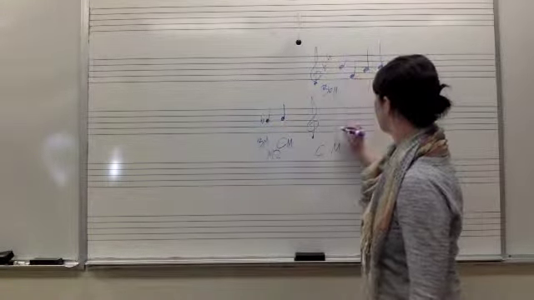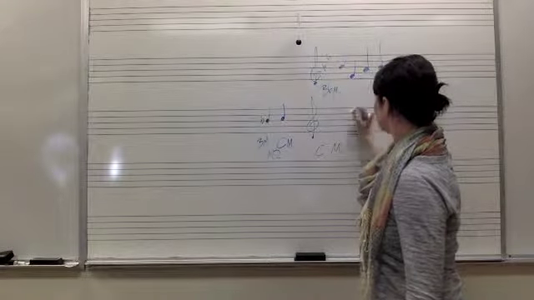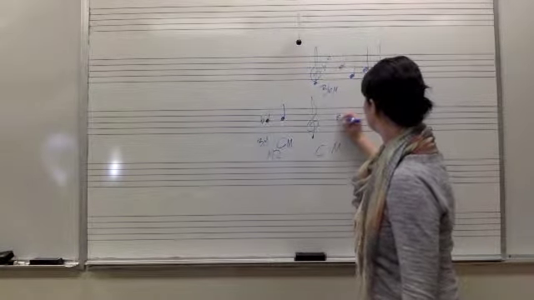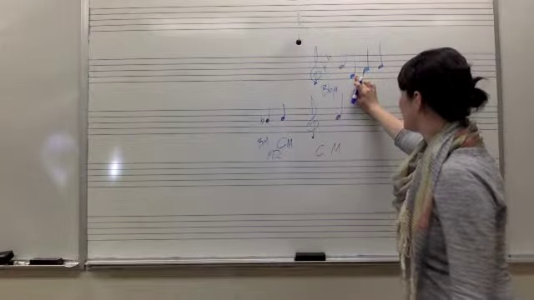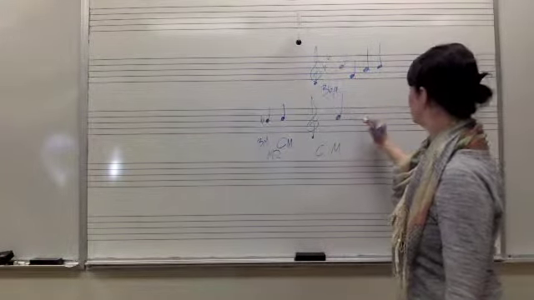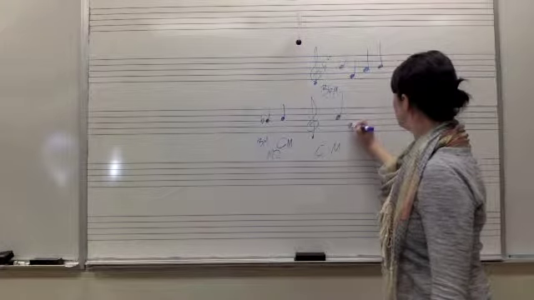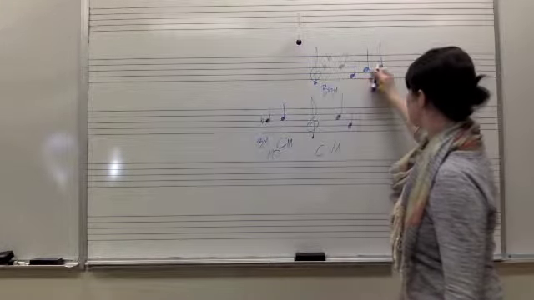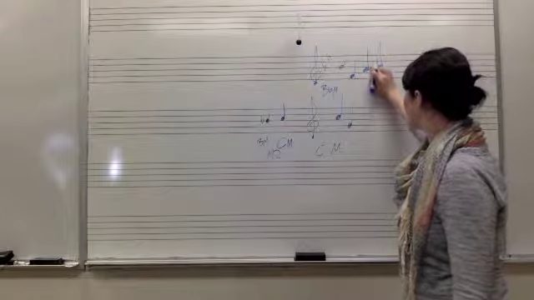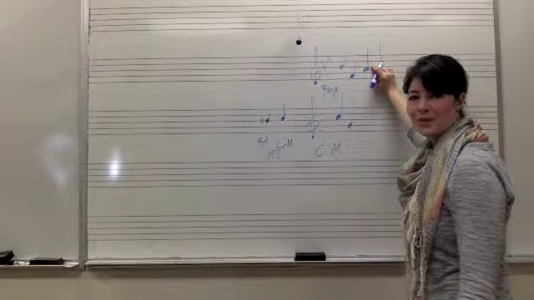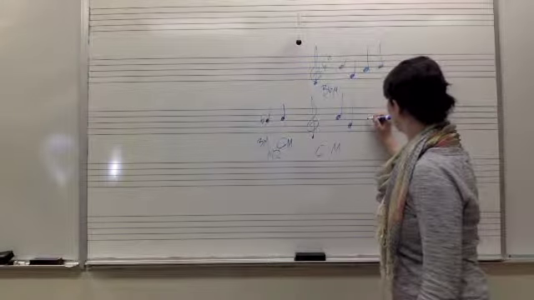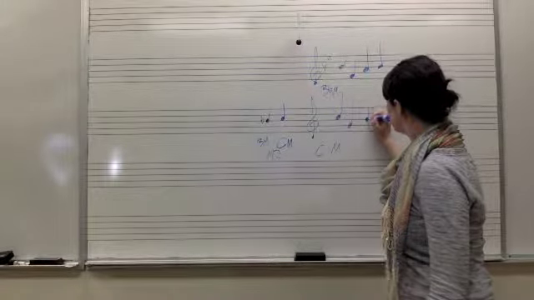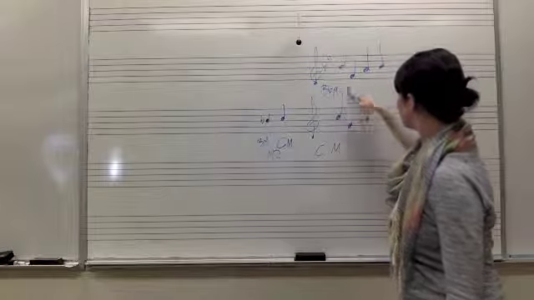So B flat up a major second is C. A major second higher than F is G. A major second higher than A is what? B natural, right? We'll just put that there because we're going from B flat.